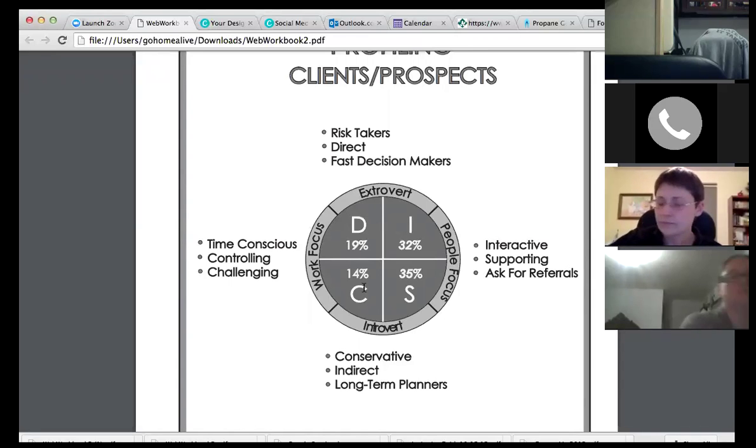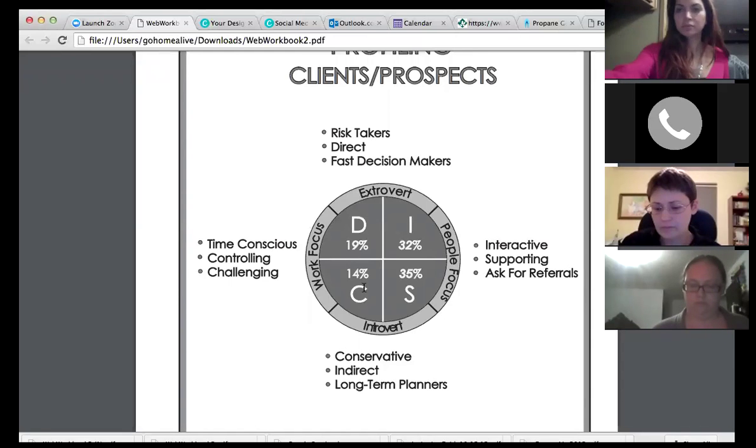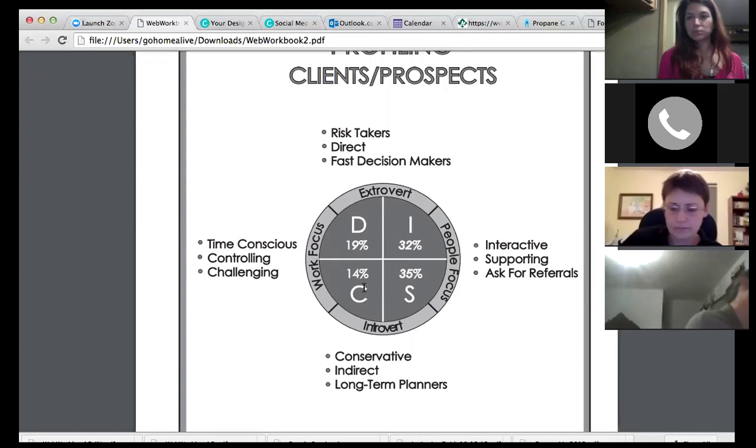Now, when you're working with people, again, I said the key for your success, I think, is being able to get referrals. I want you to know that when you're working with D's and C's, you may never, ever get a referral. Because those people, you can look at that list of adjectives right down there at the bottom of the list.